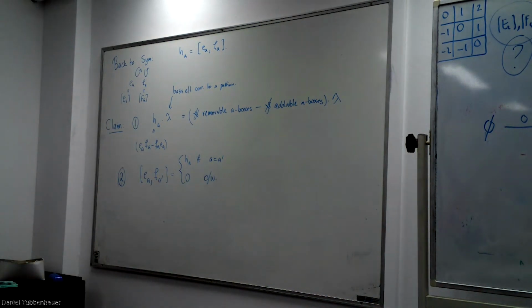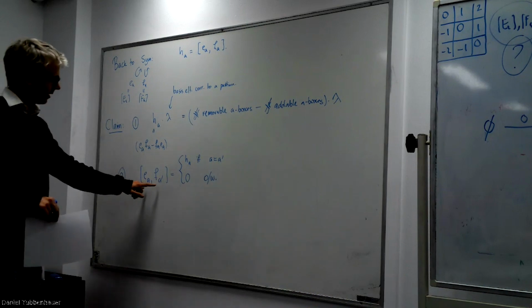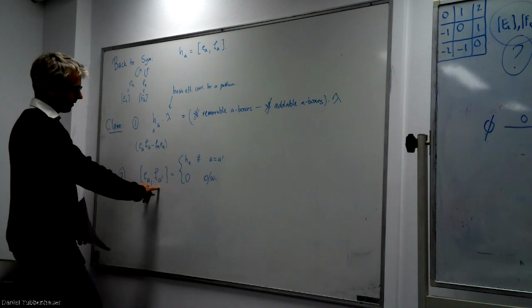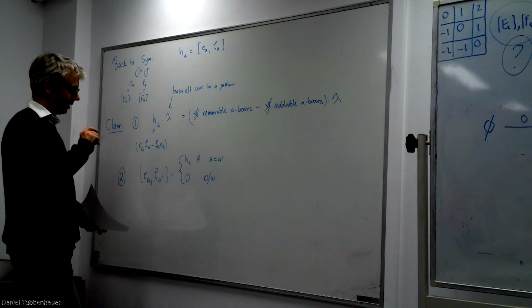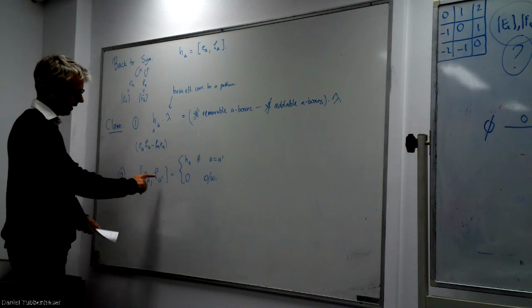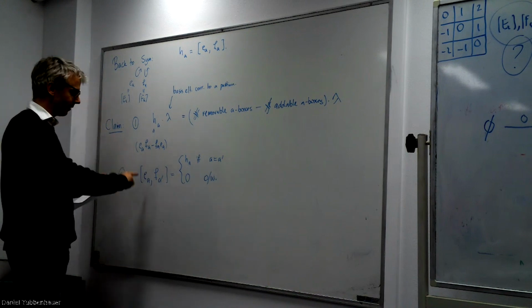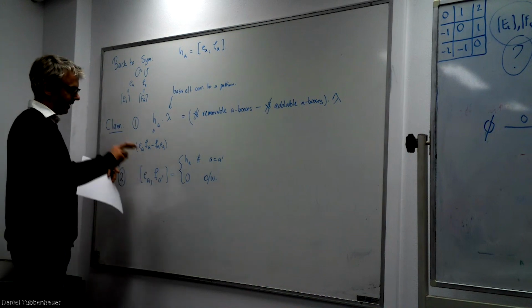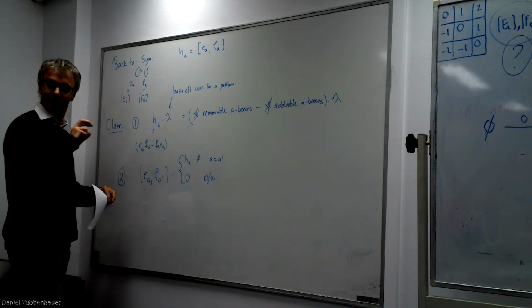And this is saying that the operators of adding a box or removing a box commute if they're distant. So if I have a box of content 7 and a box of content 5, this is saying removing or adding an A box is the same.